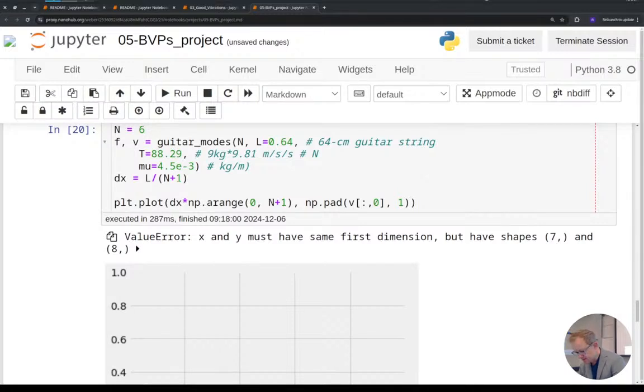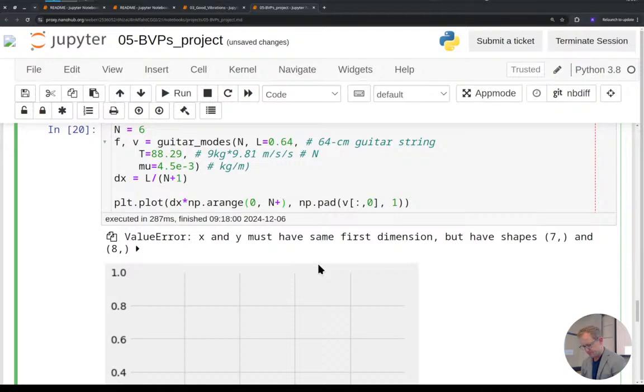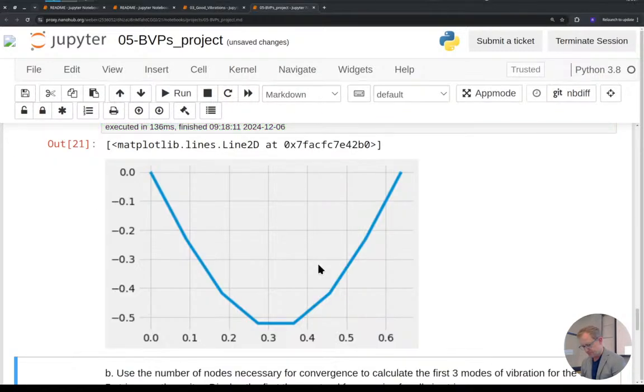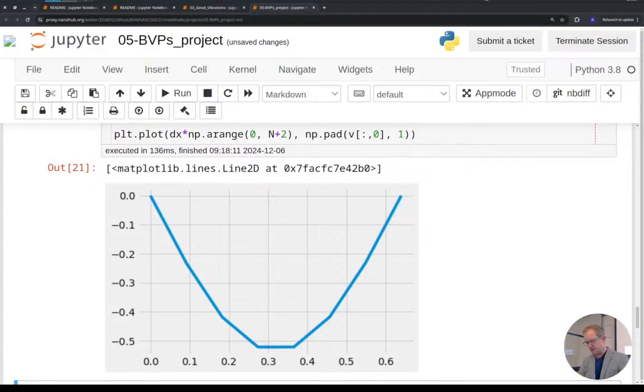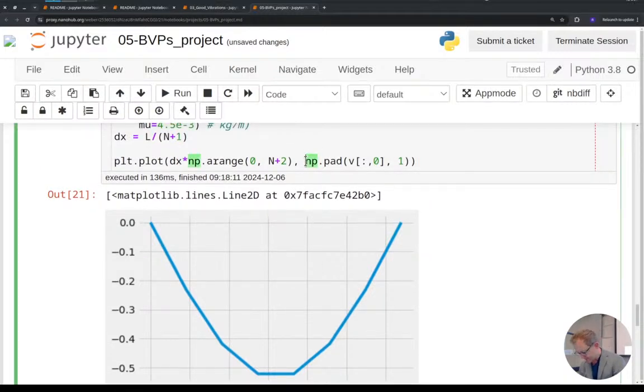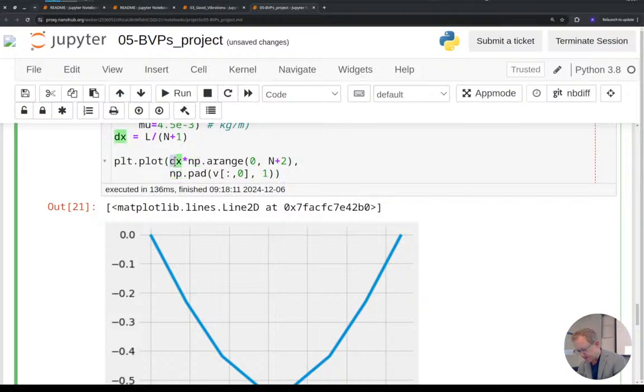Seven, 8. And here I'm doing a little bit of fancy stuff, but defining my x coordinate for the mode shape, because the mode shape starts at 0, goes to length L, and so it takes dx steps, but we need an extra step on either side, one to go from 0 to node 1, and then another one to go from node n out to that last boundary condition.